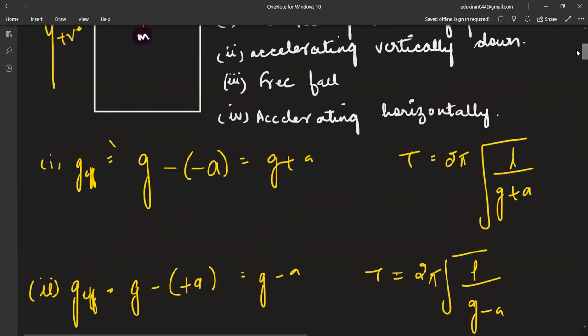Second says free fall. Formula for G effective is G minus A. See, these are two vectors. One acceleration is downwards, one acceleration is upwards. How will you take the resultant? G minus A, because the angle is 180 degrees. But there also we have to substitute the sign convention. If they are exactly in opposite direction, they get added.